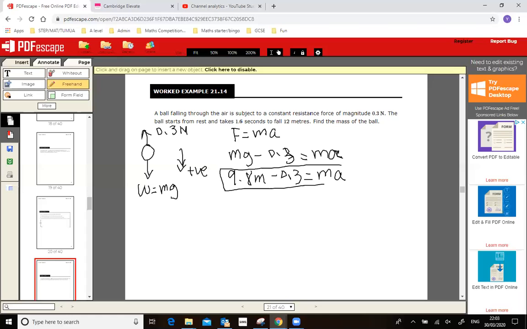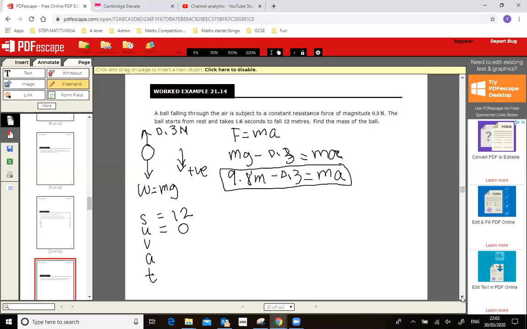And now let's find out what the acceleration is. So let's write down our S, U, V, A, and T. In the question, the ball falls 12 meters, so S is 12. It started from rest, so U is 0.